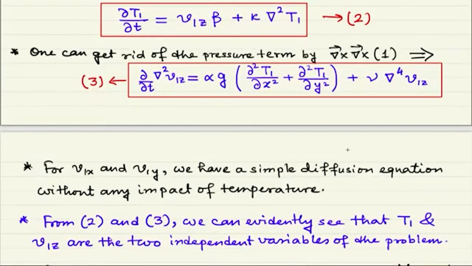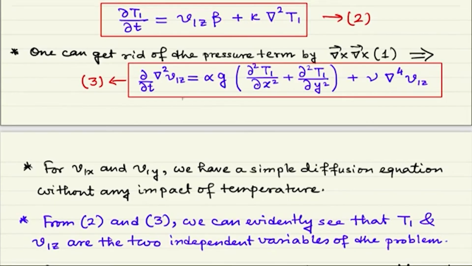So these are the two equations which constitute the family of governing equations for Rayleigh Benard convection. The first one is the evolution of the perturbative part of the temperature: del T1 by del t is equal to V1Z beta plus kappa nabla square T1.